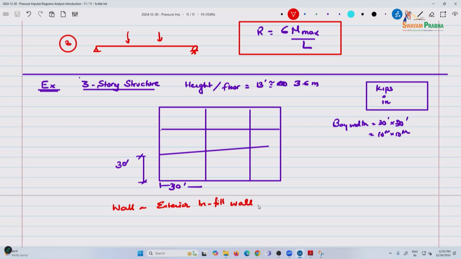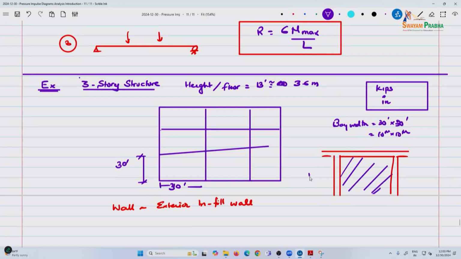So here you have an exterior infill wall, which is basically, as we have seen, this is your column and your beam, and this is the infill wall. The exterior infill wall is a one-way slab system.